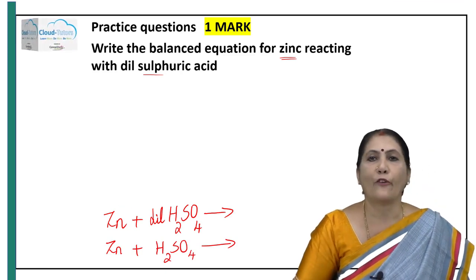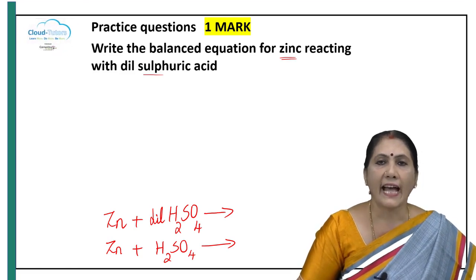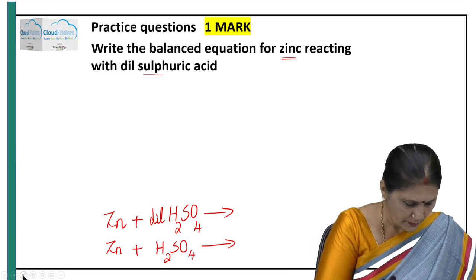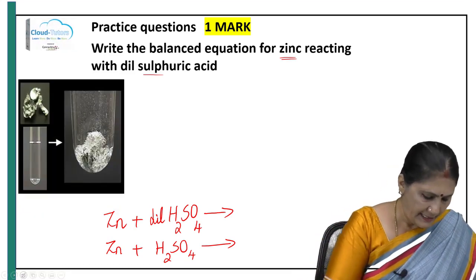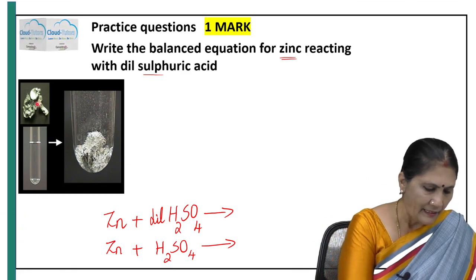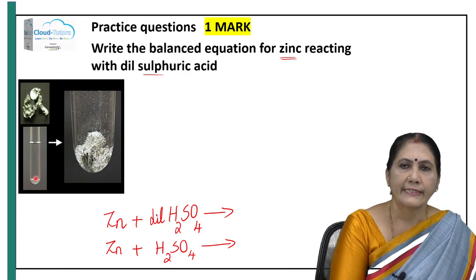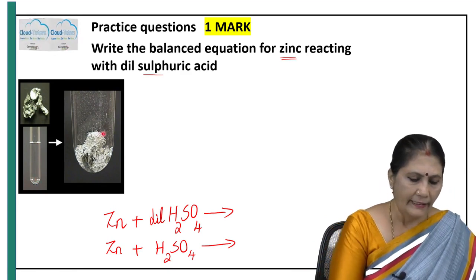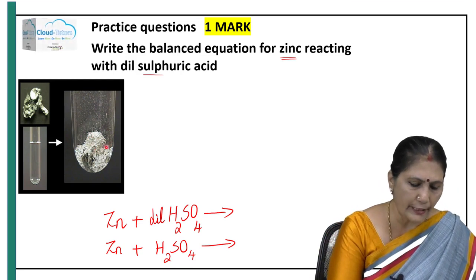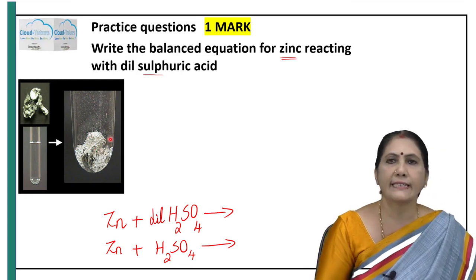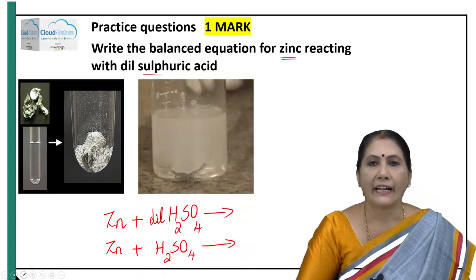Now, what are the products formed? So now we will see what reaction is happening. Let me show you. Zinc metal is taken in a test tube in which dilute sulfuric acid has been taken. The moment zinc comes in contact with this sulfuric acid, you can see bubbles gradually start rising.